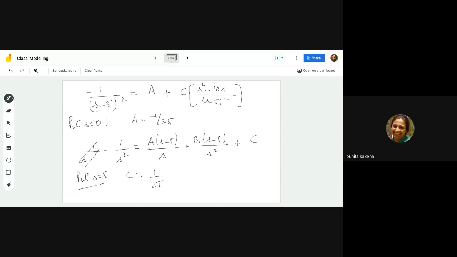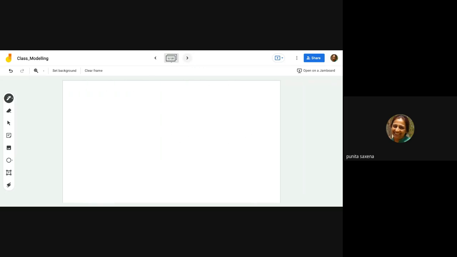You are decomposing into partial fractions. Is it fine up to there? But to find the values of the coefficients, there are many techniques which make the problem easier to solve. Now we have obtained all A, B, and C. So can any one of you tell me what my F(s) will be now?